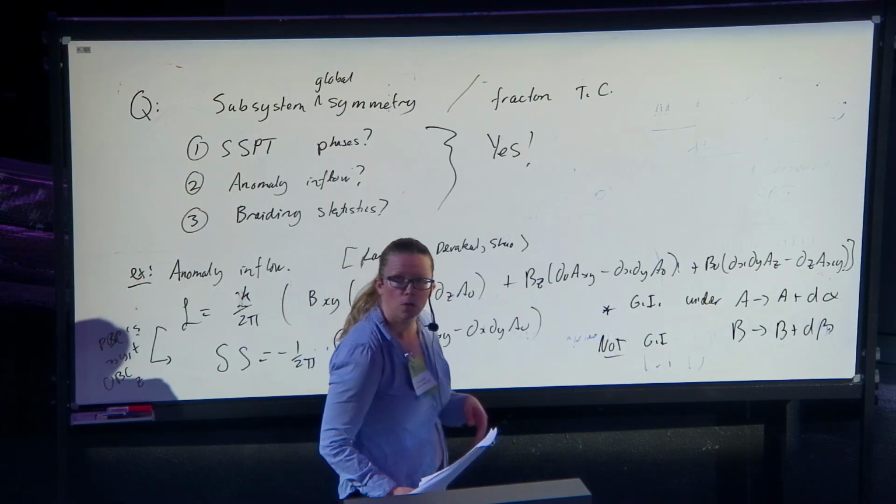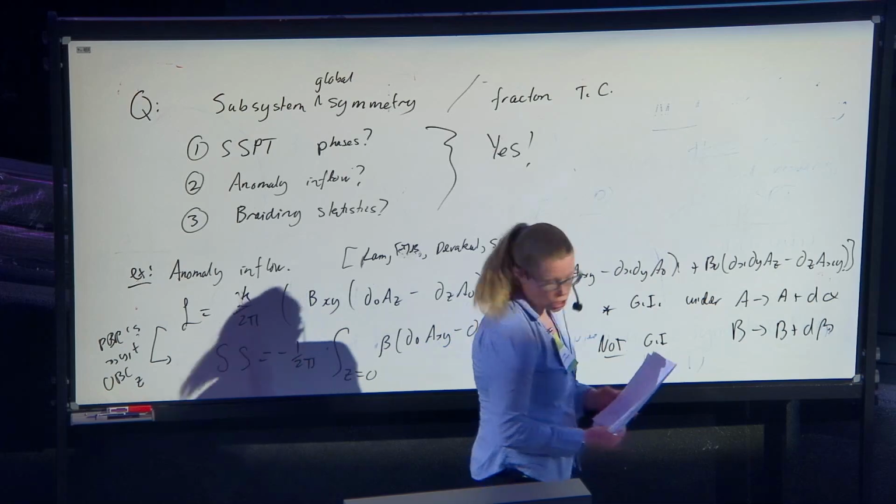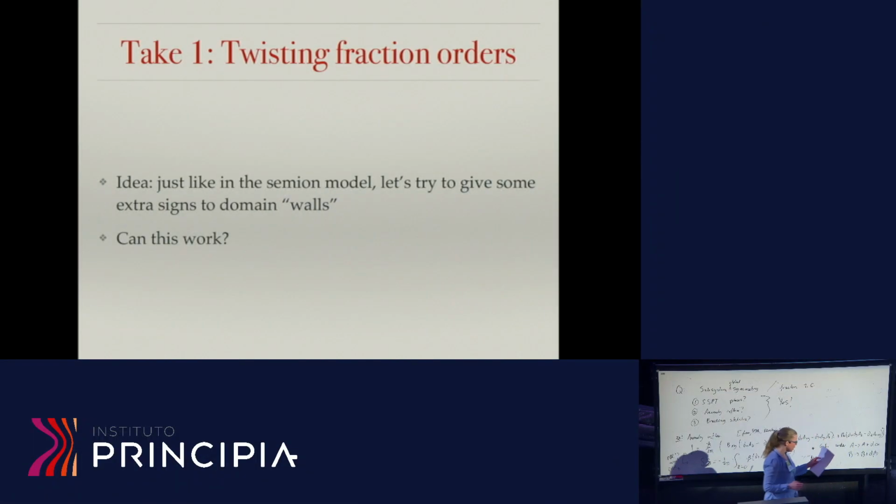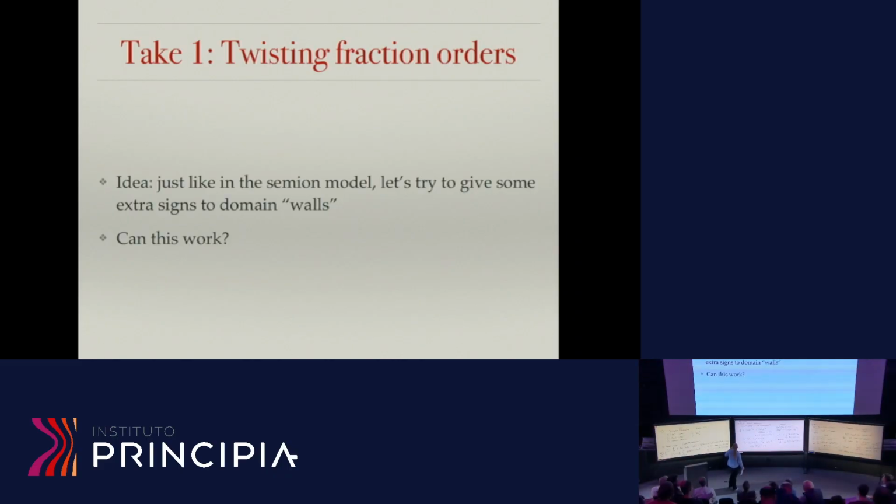The general inspiration here is that I want to think about what I did to get from the toric code to the semion model. The word that people like to use for this is twisting. And what twisting means is that I want to choose a particular sign structure for my generalized domain walls.